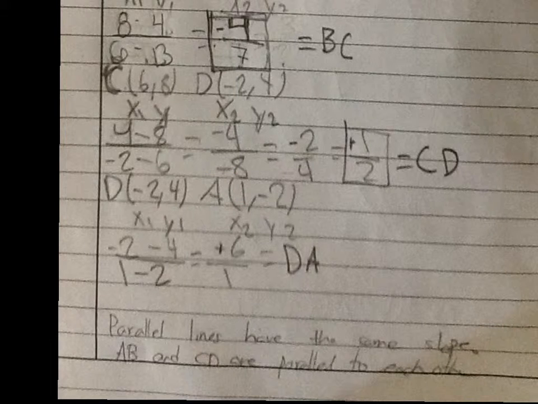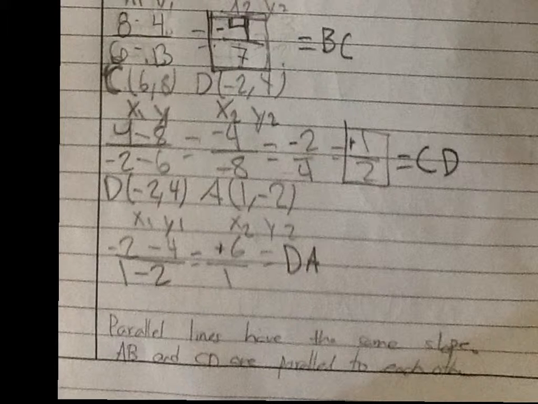Next is CD. So X1 is 6, Y1 is 8, X2 is negative 2, Y2 is 4. So Y2 is first, so it's 4, and then it's minus Y1, so minus 8. Then it's X2, so it's negative 2, then you subtract 6.